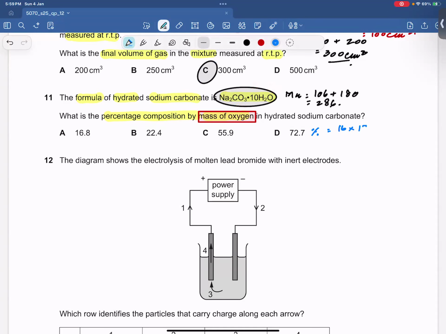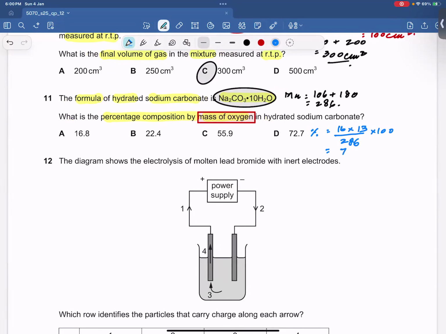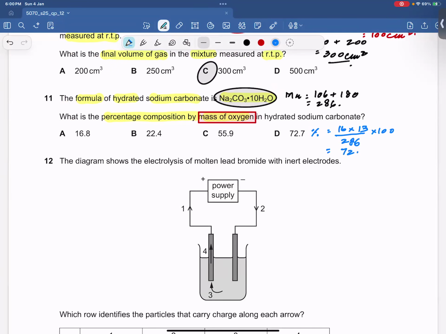So 16 into 13 oxygen atoms divided by MR, which is 286, in order to get the percentage, into 100. So let me check. 16 times 13 divided by 286 into 100. It's going to be 72.72%. So the right answer, I believe, is going to be D.